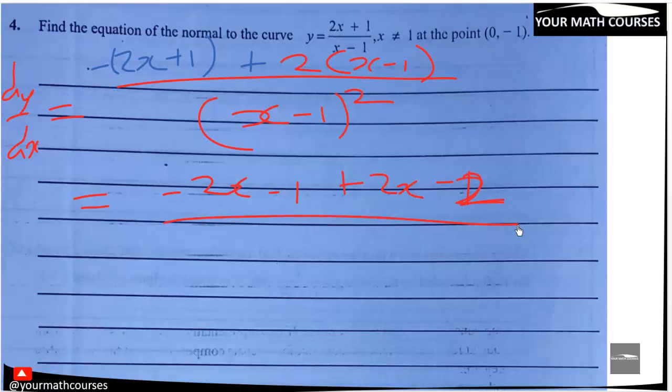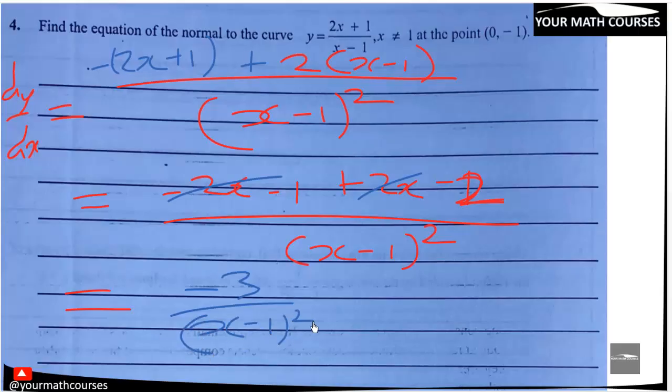So this and this will get rid of each other. -1 minus 2 gives us -3 over x minus 1 all squared. So we can leave it like this, or we can rewrite it as -3 over x squared minus 2x plus 1. So that is the derivative. We need to find the gradient, so we substitute into this formula.